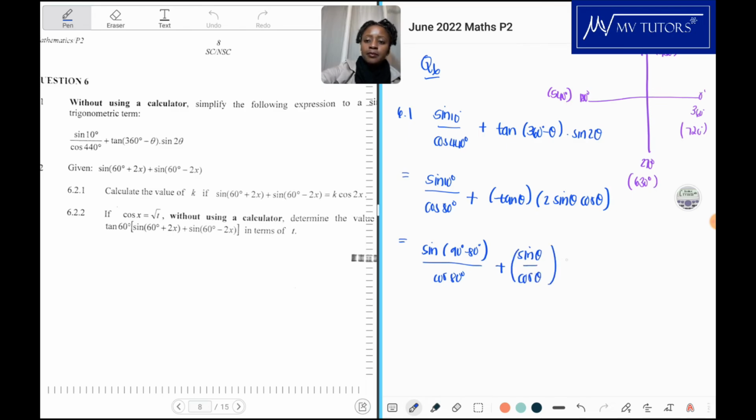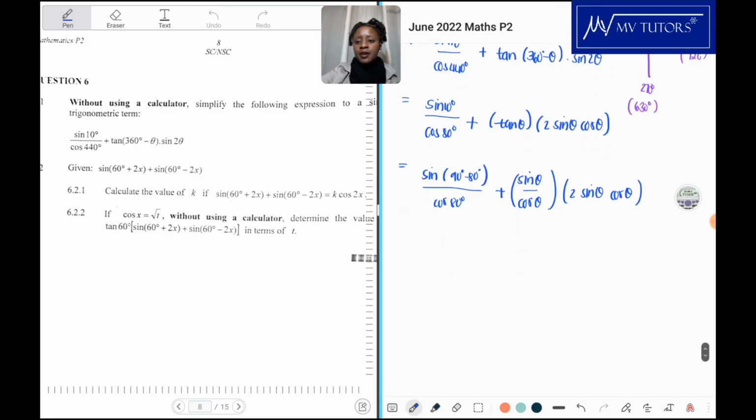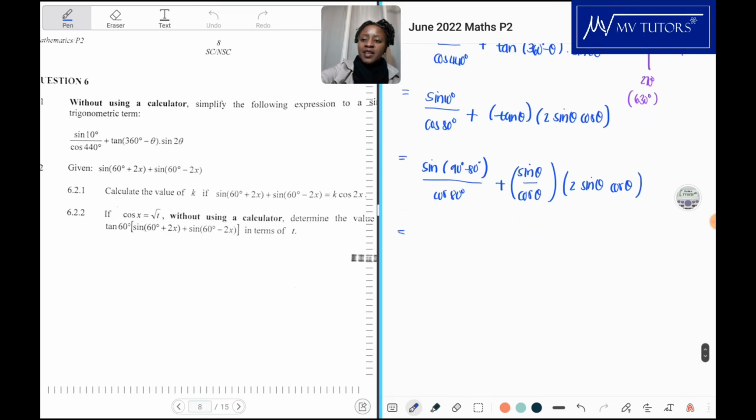And then I still have 2 sine theta cos theta. So the sine and the 90 change to cos, and what I'll be left with basically is the angle 80.